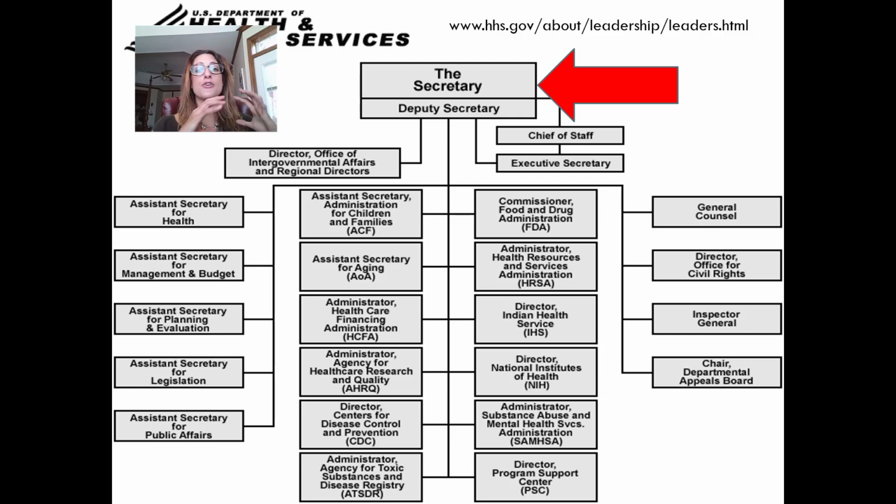So under Obama, we had first Kathleen Sebelius, and then later we had Sylvia Burwell. And now under the Trump administration, whenever a new administration takes office, they choose their new people. Sometimes they can keep the old folks on, but more often they change the people that are in power in different positions. This is a cabinet level position.